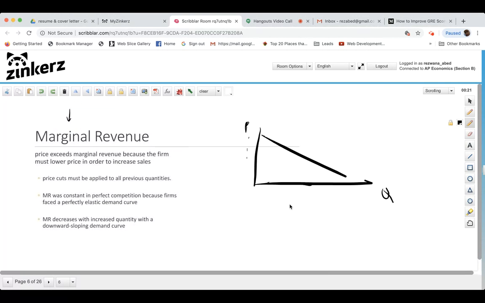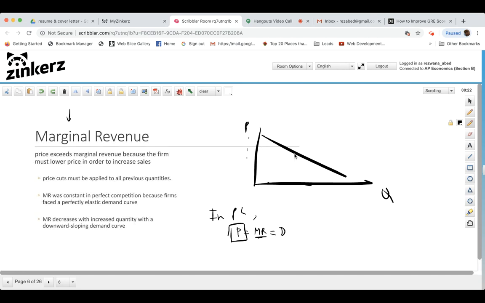Okay, so the marginal revenue, hopefully, as you guys remember, in perfect competition, price was equal to marginal revenue, which is also equal to demand. So all of these things were equal in perfect competition. The additional money that you can make from selling one more is always equal to price, because price is constant.